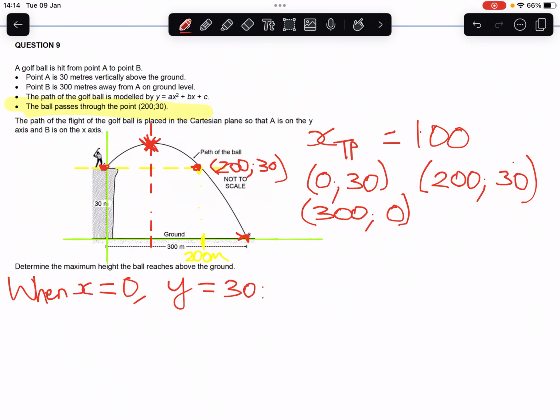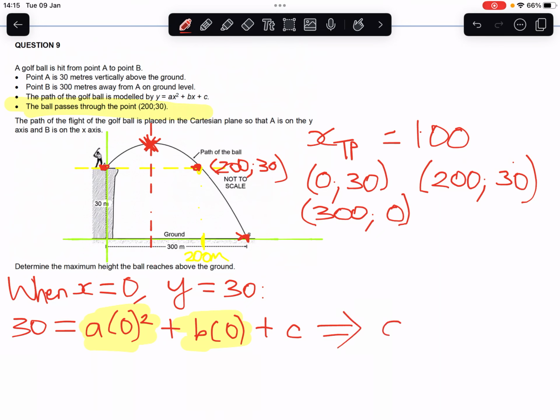So what that means is 30 is equal to a times 0 squared plus b times 0 plus c, right? And the nice thing is that this term is going to disappear, anything times 0 just becomes 0. And likewise, this term is also going to disappear. So what that leaves us with is that c is equal to 30.